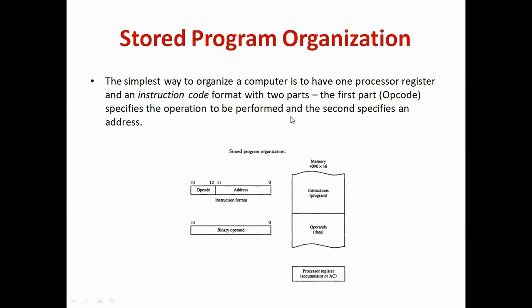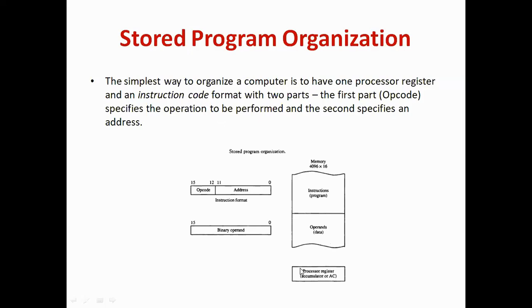So the simplest way to organize a computer is something like this: I will have a memory in the computer. This memory may have two separate segments, one for the instructions and the other for the operands.